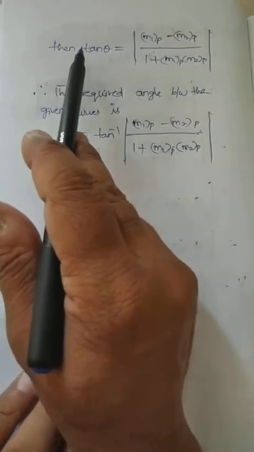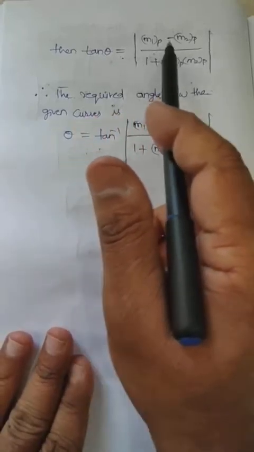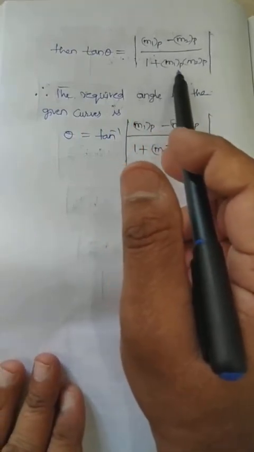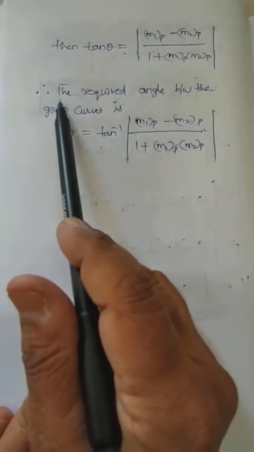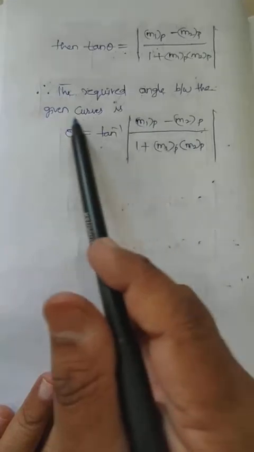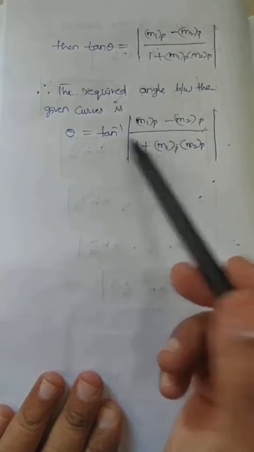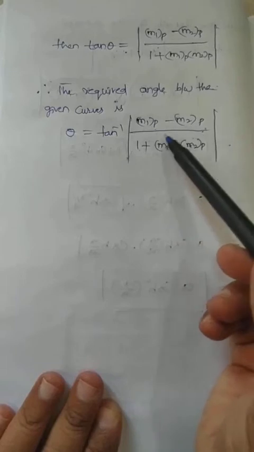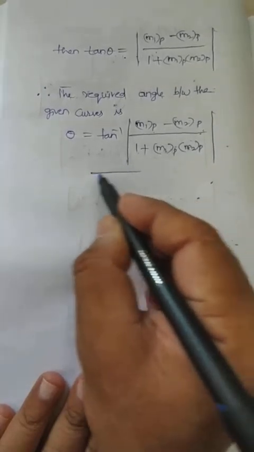Then we have the formula for tan theta. Tan theta is equal to the modulus of m1 at P minus m2 at P by 1 plus m1 at P into m2 at P. Therefore, our required angle between the given curves is theta is equal to tan inverse of the modulus of m1 at P minus m2 at P by 1 plus m1 at P into m2 at P. This is the concept we are going to learn now.